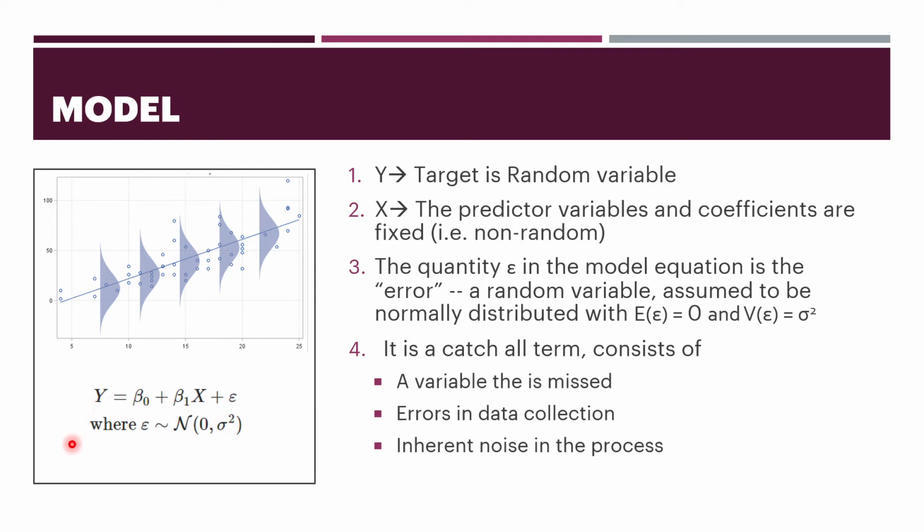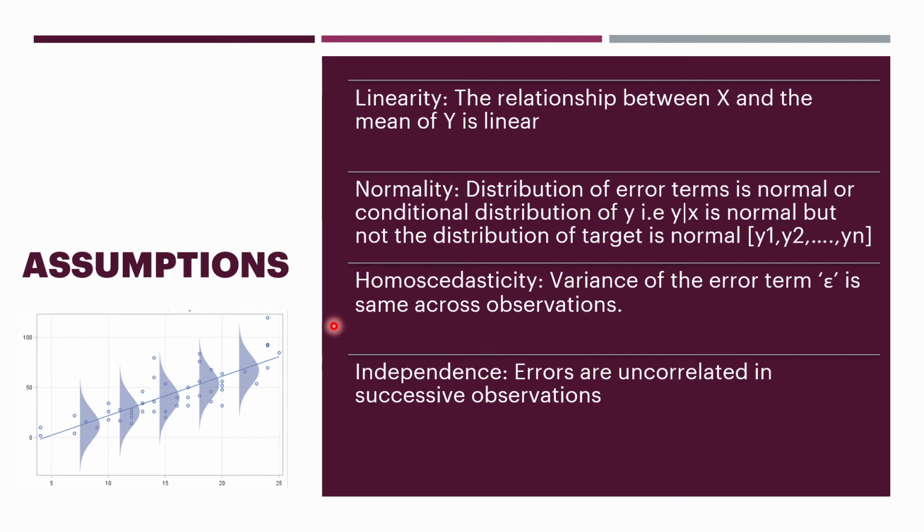That probability distribution can be anything, because there are many continuous probability distributions, for example the normal distribution, the t distribution, and multiple others. But the assumption that we are making is that this error term has a normal distribution. When we say normal distribution, it is parameterized by two quantities. What are those two quantities? One is a mean value, the other one is a variance value. So we are assuming that this error term will always have a normal distribution.